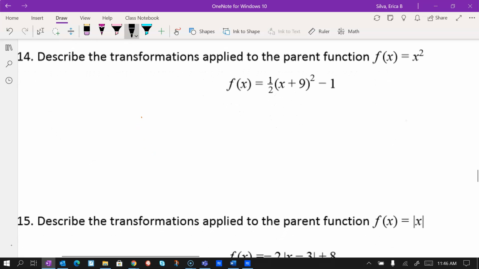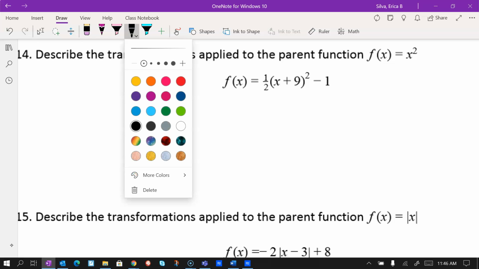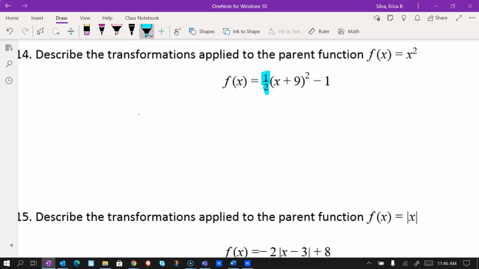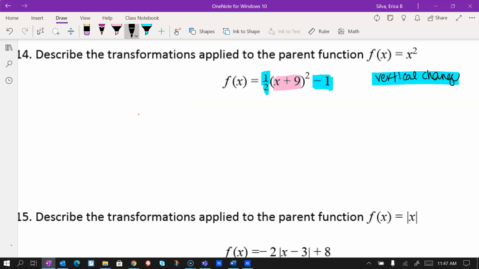For the next one, we're going to transform. Now remember, anything on the outside of the parentheses will be a vertical change. So this is going to be a vertical change, and this is a vertical change. Anything inside the parentheses with the x will be a horizontal change.